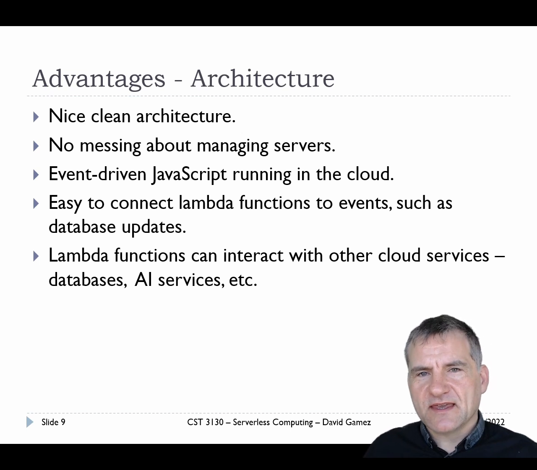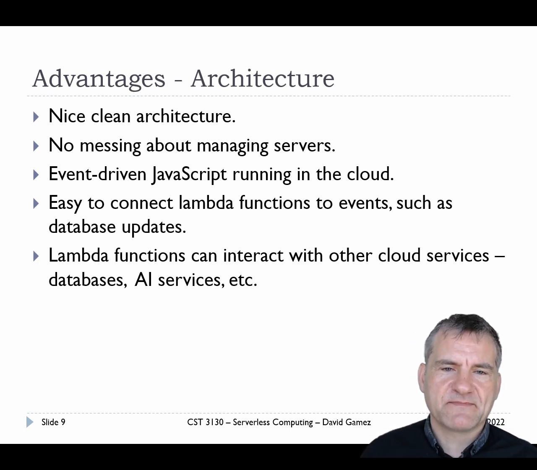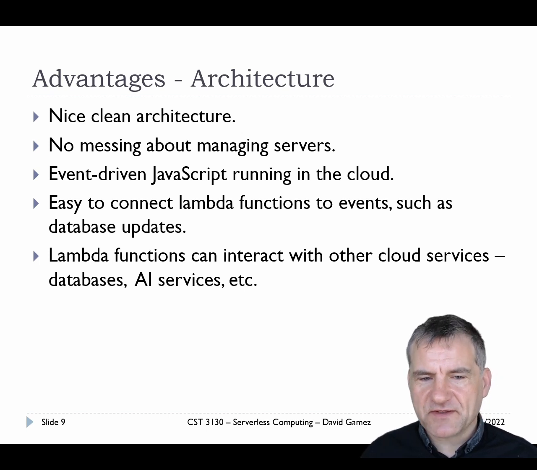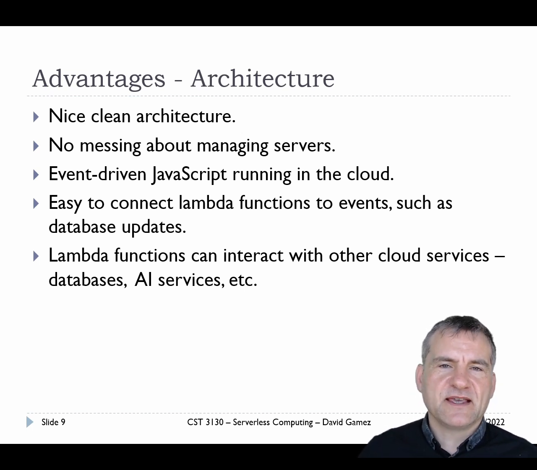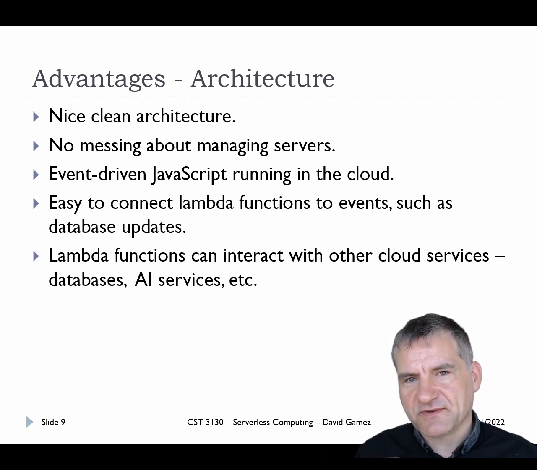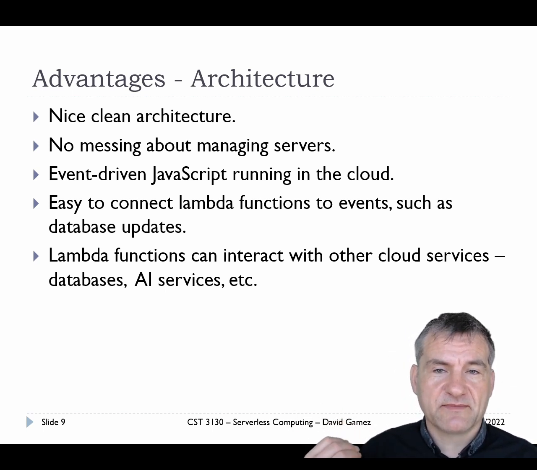So I said I really like the serverless architecture approach. I think you can get a nice clean architecture with this kind of event-driven JavaScript running in the cloud. It's easy to hook Lambda functions up to events such as database updates, and I'll show you how to do that now in this lecture. And then these things can interact. There's lots and lots of AWS services.